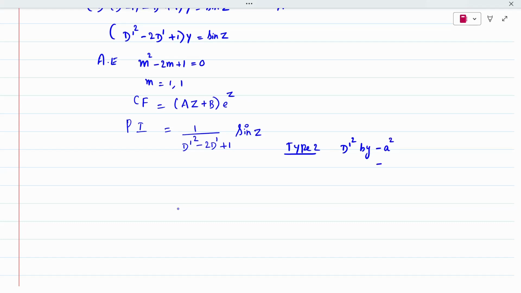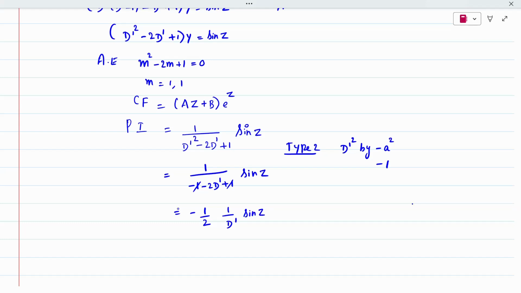Here a is 1, so minus 1. So when I replace it, 1 divided by minus 1 minus 2D dash plus 1, into sine z. Plus 1 and minus 1 get cancelled. So minus 1 by 2 into 1 by D dash into sine z.